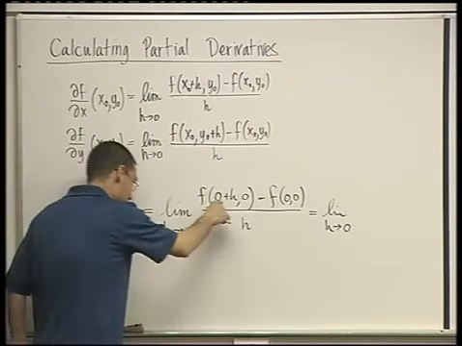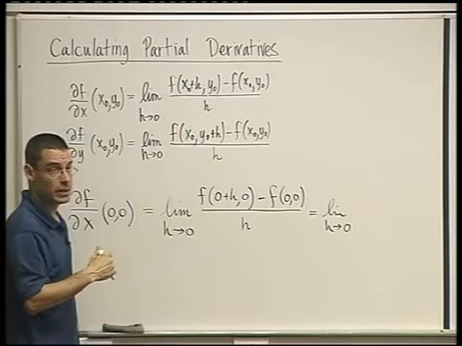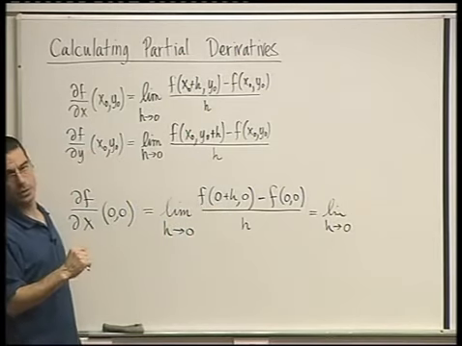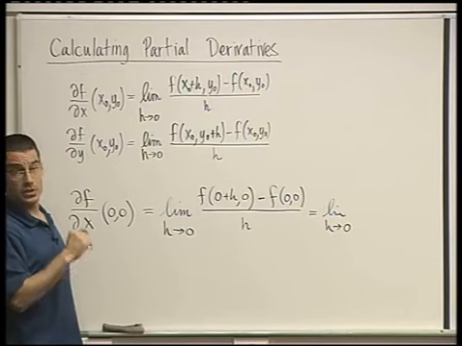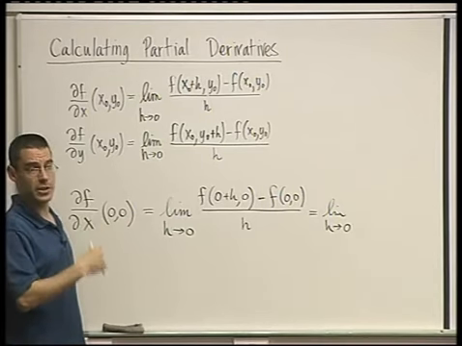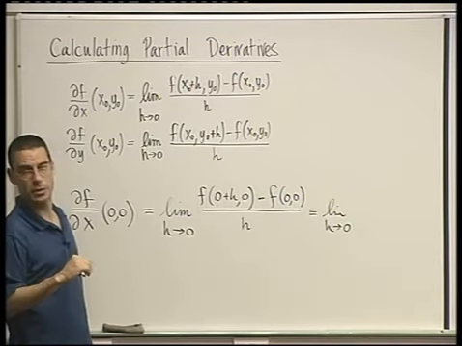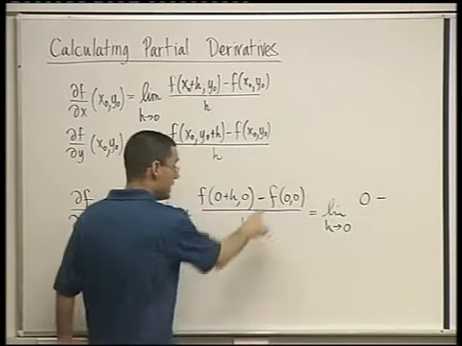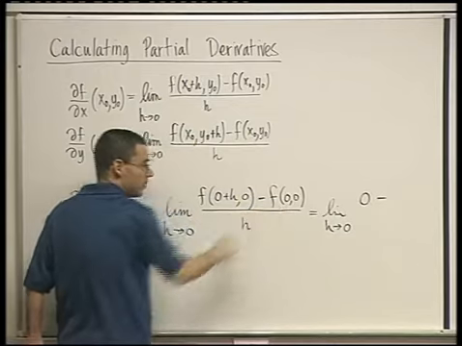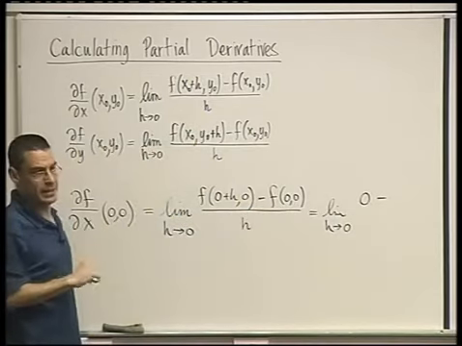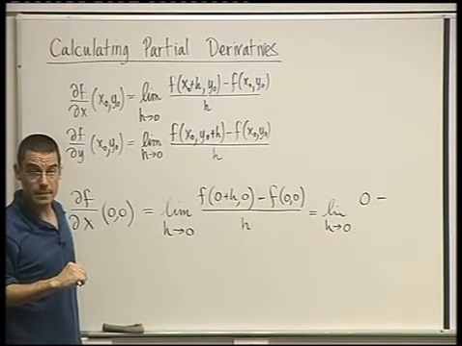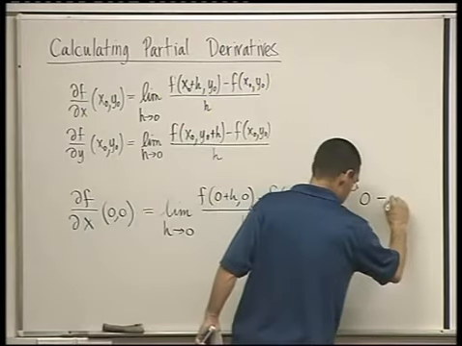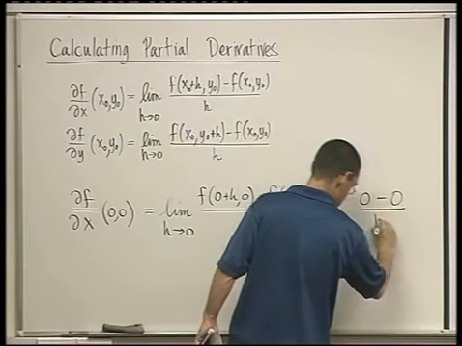When I plug in h for x and 0 for y, I get 0. Do you see that? Because it's h times 0 divided by h squared plus 0 squared. It's 0. So that's this 0 here. Here I need to evaluate the function at the point (0, 0), and that was 0 by definition. Right?